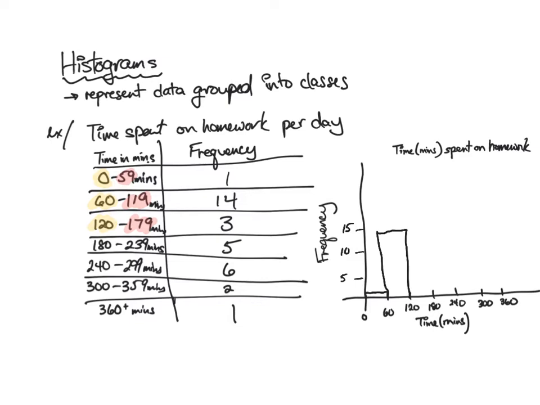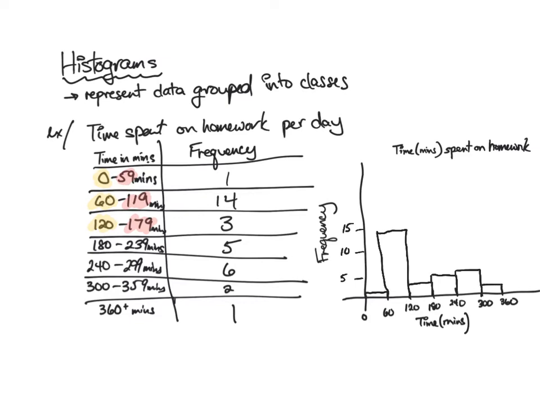120 to 180 had 3. 180 to 239 had 5. 240 to 299 had 6. 300 to 359 had 2.